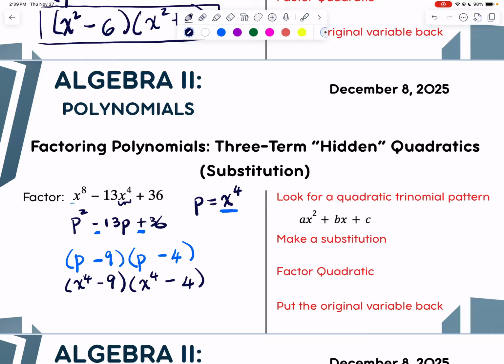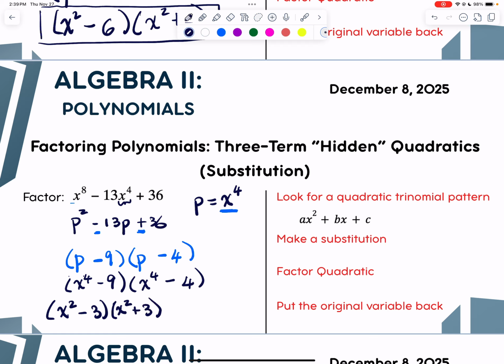Now, we do have to check for that special pattern, and we do actually have those two-term patterns showing up here. This is the difference of two perfect squares, and so is this. And so we can factor this further, and it becomes x squared minus 3, that's the square root of x to the 4th and 9, and x squared plus 3.